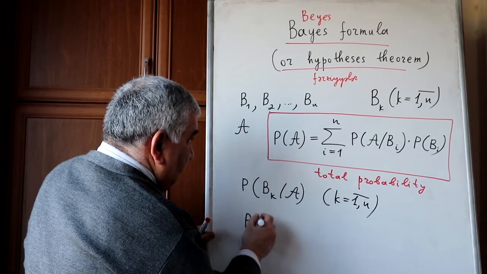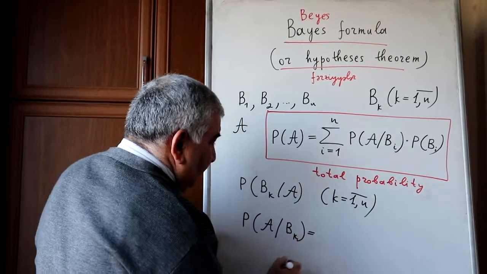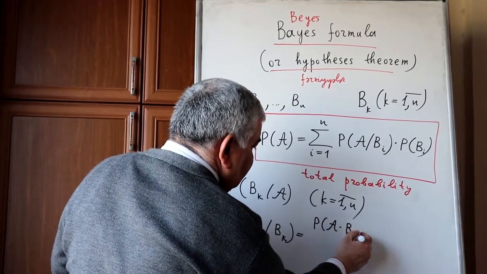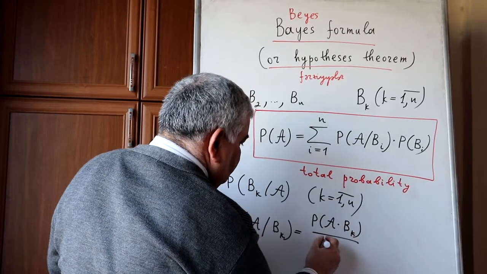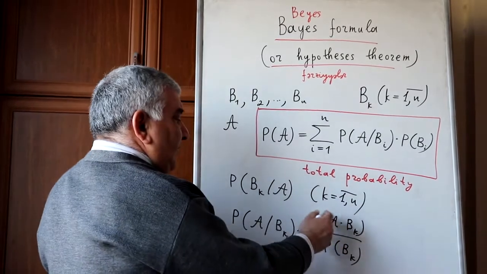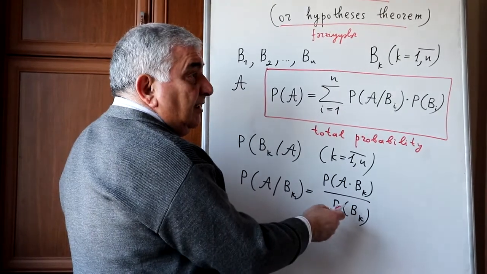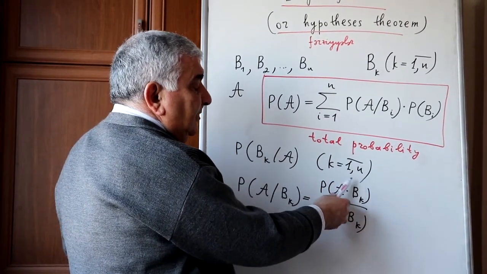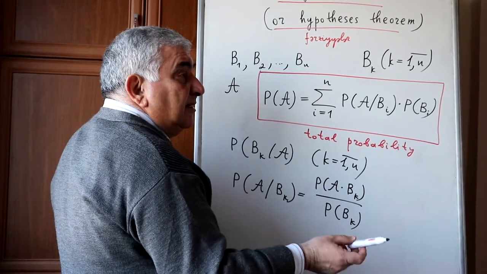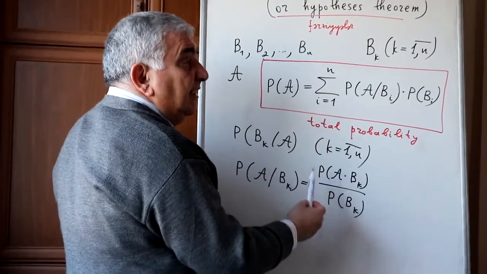P of A on the condition Bk is equal to P of A multiplied by Bk over P of Bk. It is a product of events A and Bk. Also, it is named the superposition or the intersection of the events A and Bk.